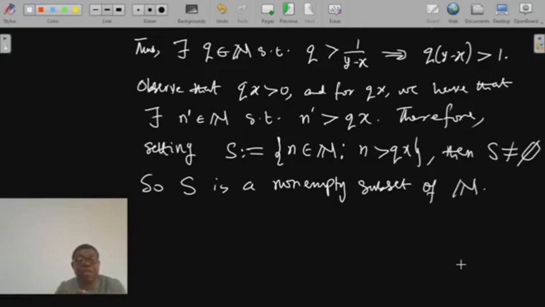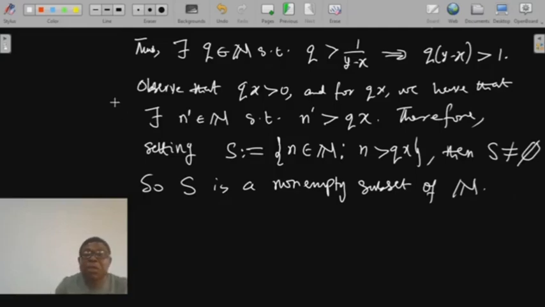What the principle says is that every non-empty subset of a well-ordered set has a least element. So, S being a non-empty subset of the natural numbers, the least element of S exists by the well-ordering principle, which follows from the fact that the set of natural numbers is well ordered.